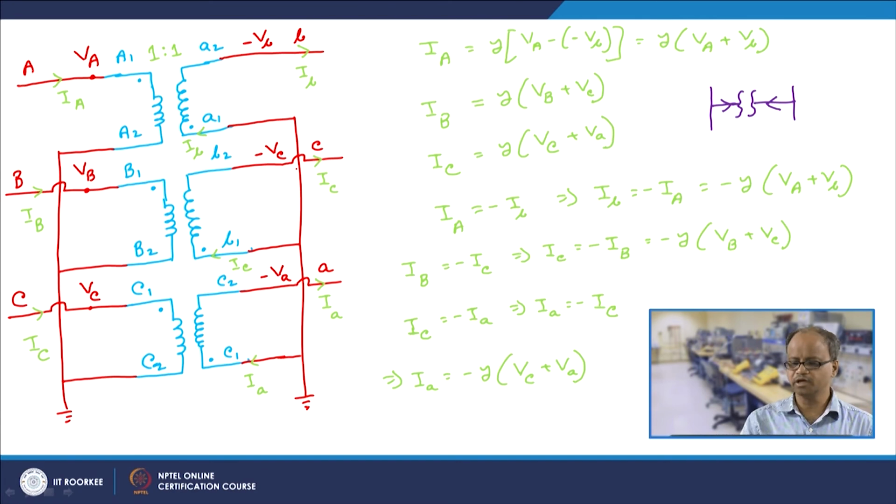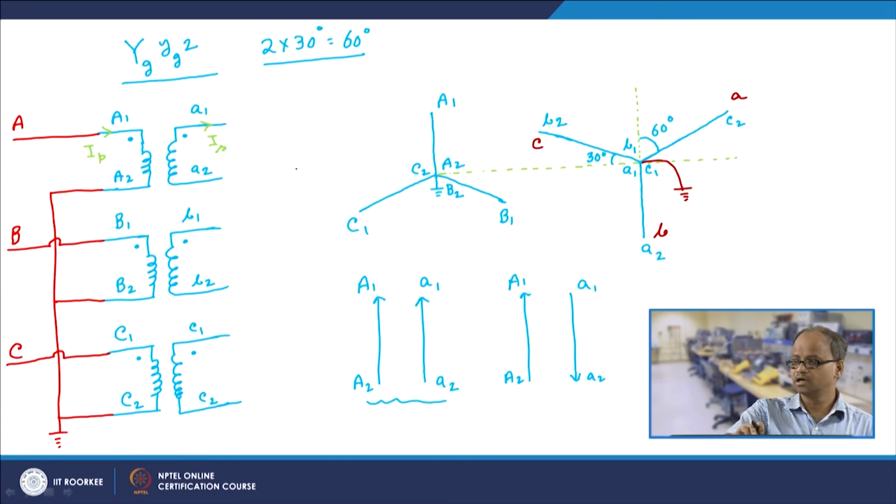Again here, we have really not taken any kind of assumption. We have started with this transformer connection. From this we have deduced the phase difference between the phase A voltage of the primary side and secondary side. From that we first took all these terminals together without making any connection.